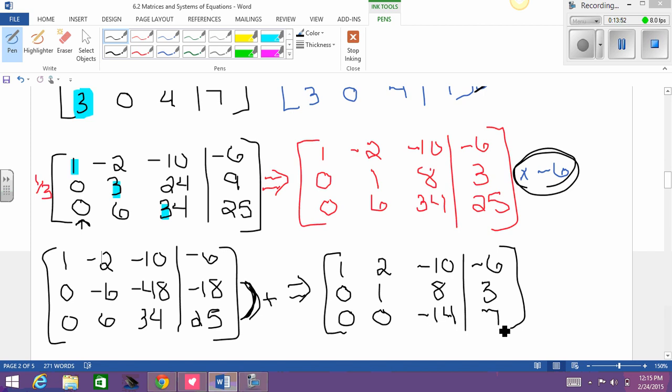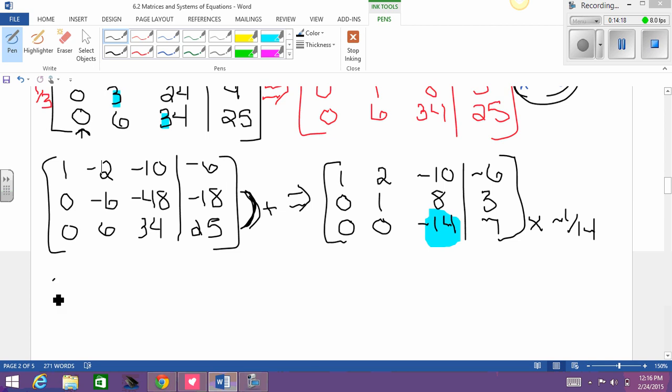All right, we're really close now, right? Now we just need to work on this -14, and we want it to be a 1. So what can I do? Remember, we can multiply through by fractional values. So what if I just take this row 3 and multiply it through by a -1/14? Would that work? Well, I think so, so let's give it a shot.